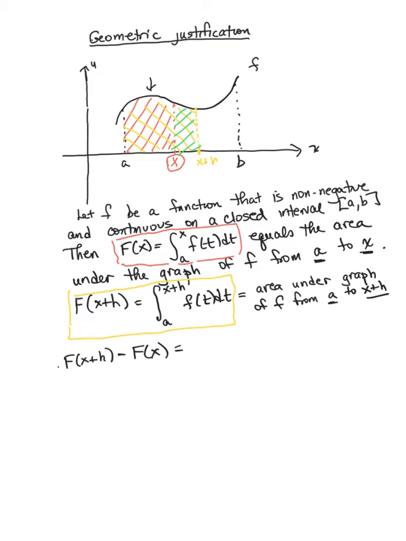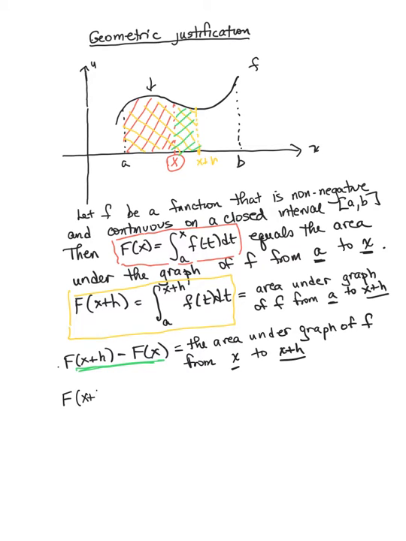Okay, so let's write that down. This represents the area under the graph of f from x to x plus h. Now, to get the derivative in here, we will divide by h. This one, I should color code it, is the green one.